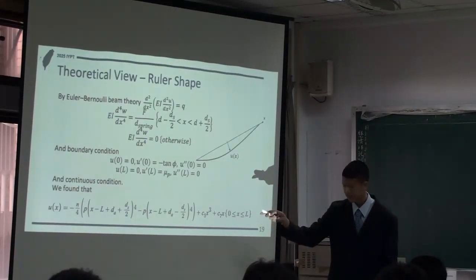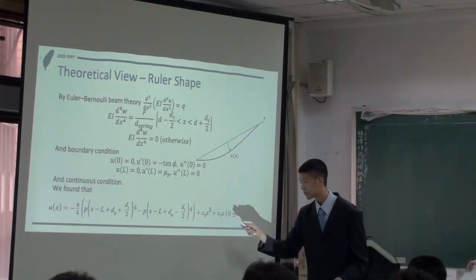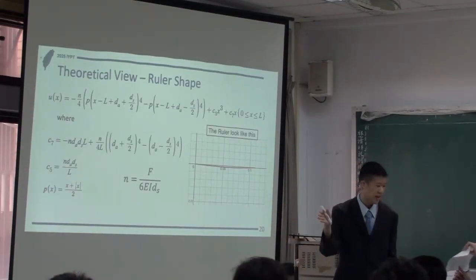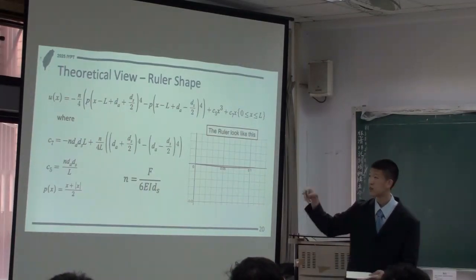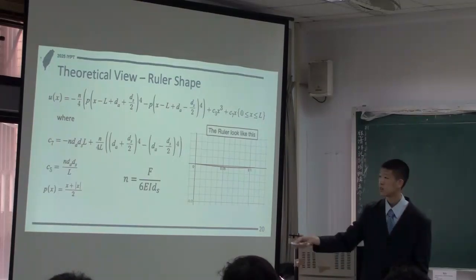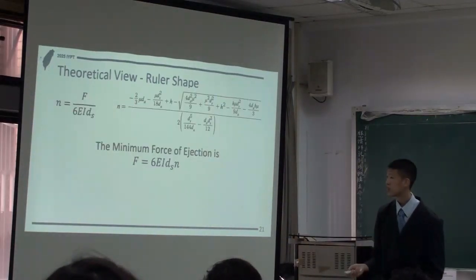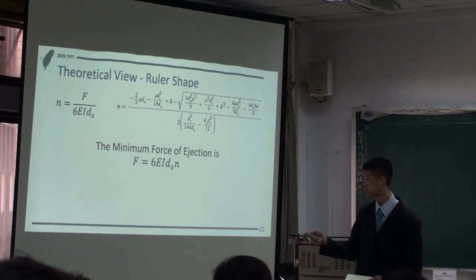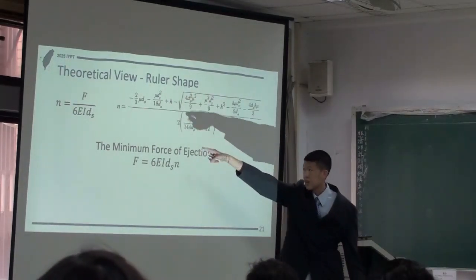This is actually a 3-degree polynomial on the left side and the right side, and for the middle it is a 4-degree polynomial, and this is the calculation, and we can use this to solve the force, because N is equal to that.